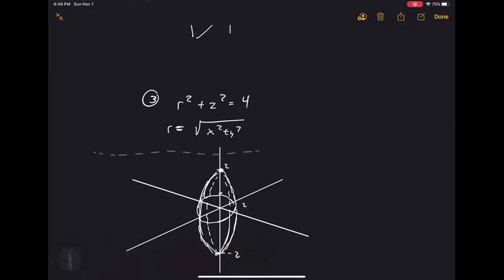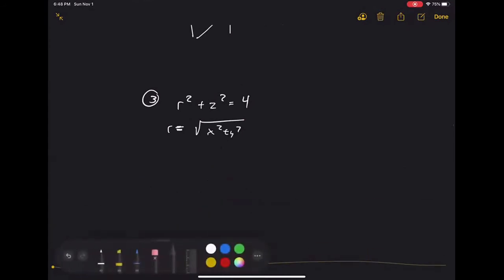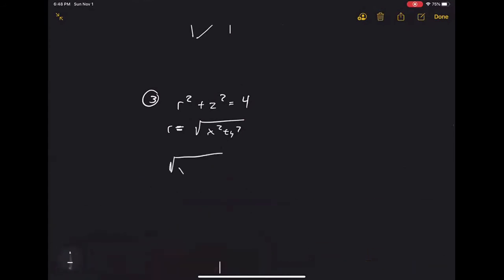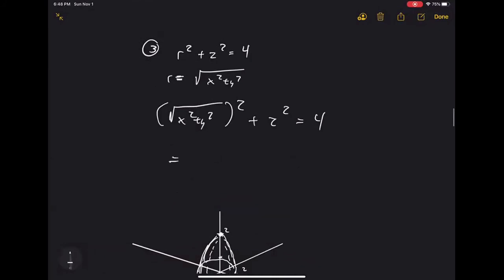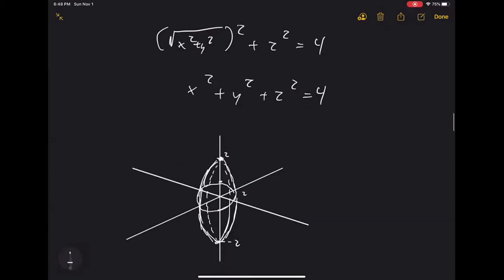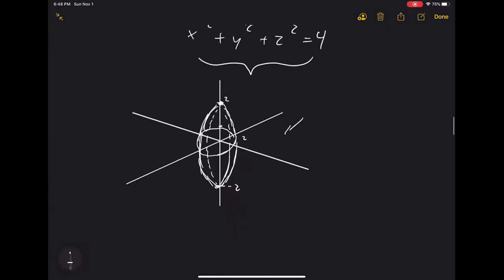So if I have r squared plus z squared equals 4, that's the same as square root of x squared plus y squared, squared, plus z squared equals 4, which is x squared plus y squared plus z squared equals 4. Now, this should be familiar as the equation of the sphere with radius 2, right? So this is correct, but my scaling's all off. It kind of looks like it's oblong, but it should be perfectly round.